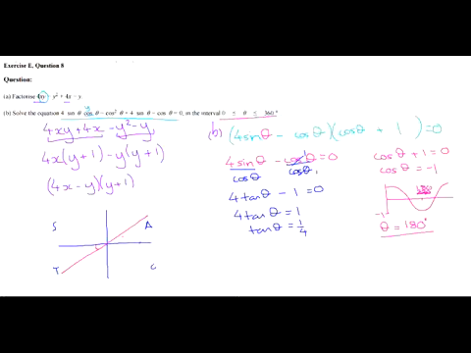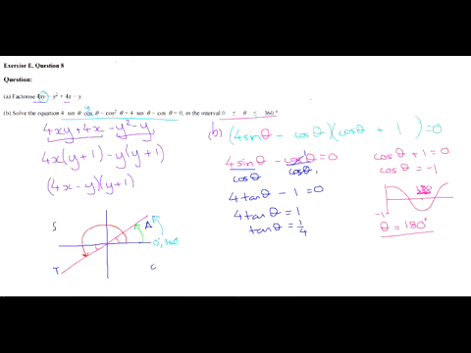So draw your angles from the horizontals. It's between 0 and 360, so we're going to go from 0 in this anti-clockwise direction all the way around till we get to 360. So we're going to have a solution here, and we're going to have a solution there.